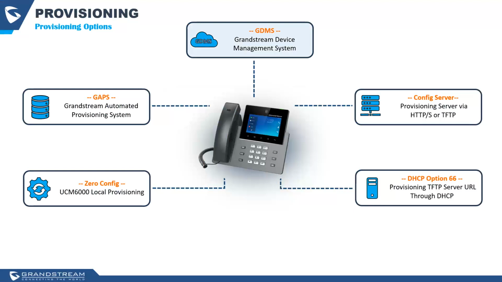And GDMS, for those of you who don't know, is a Grandstream cloud-based solution that allows you to provision, manage, monitor, and troubleshoot Grandstream devices from one centralized management interface. And GDMS is gaining more popularity compared to the other methods because it provides easy to use enterprise level tools to manage Grandstream devices before, during, and after deployment.